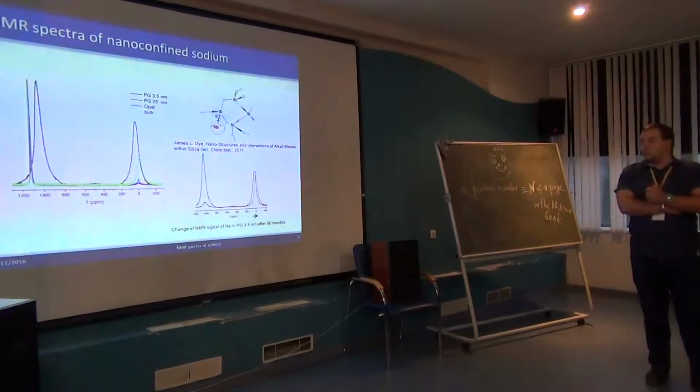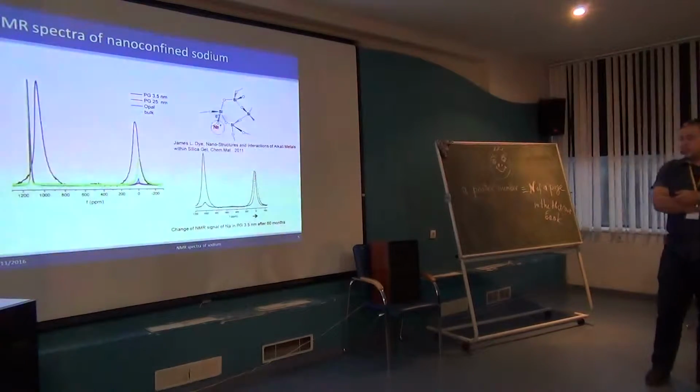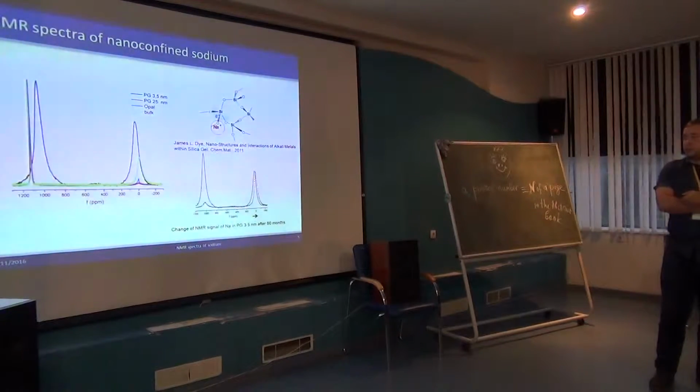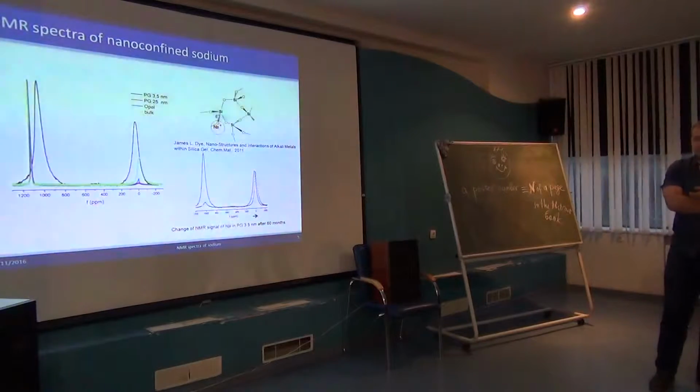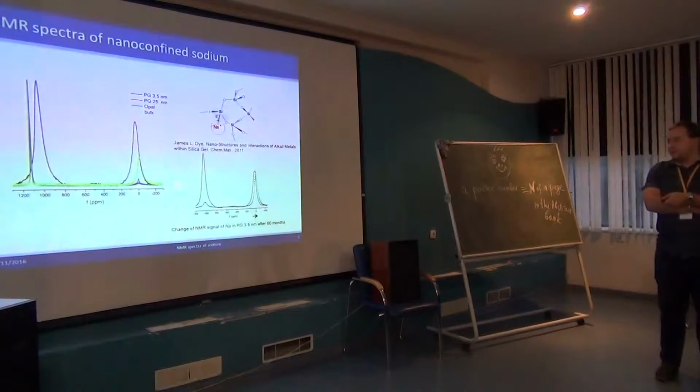Another point which should be mentioned is that there is one possible proof of this hypothesis, which is expressed by the following experiment. The sample of sodium embedded into a porous glass was measured once and 6 months later. The results of these two measurements are presented here.